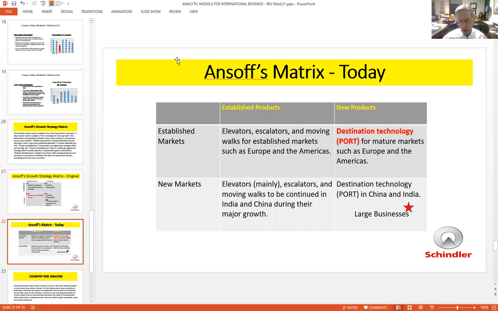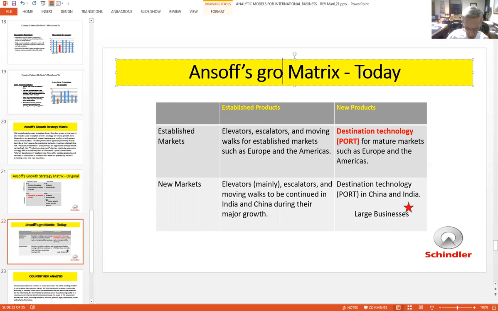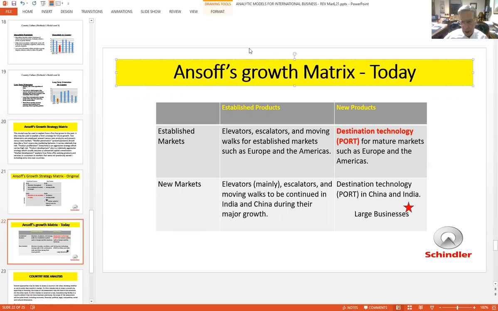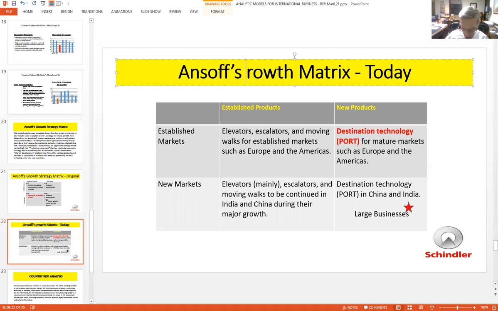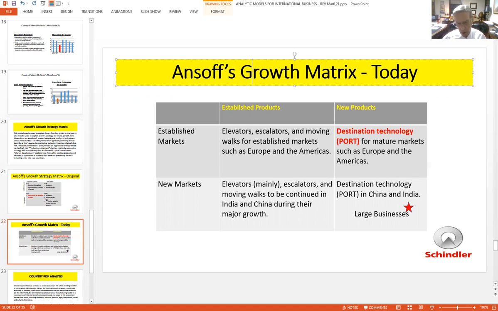Ansoff's matrix is intended to explain how companies can grow. So it's really a growth strategy matrix. And so we call this cell, where we're trying to sell more of our existing products in existing markets, market penetration. I'll see if I can sneak this in for you real quick.